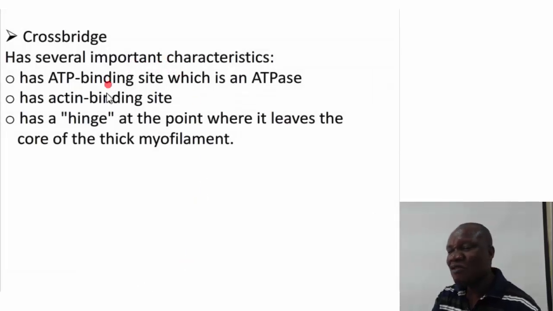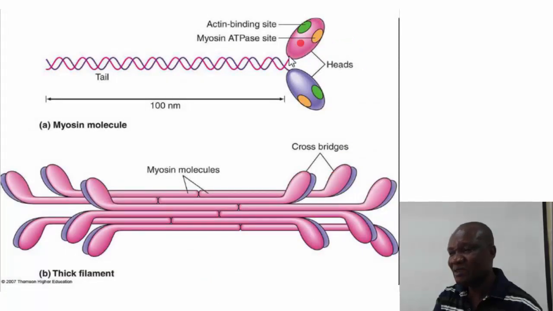The thick myofilament is made up of 2 heads and a tail.